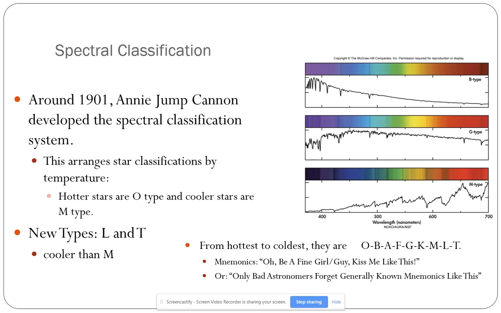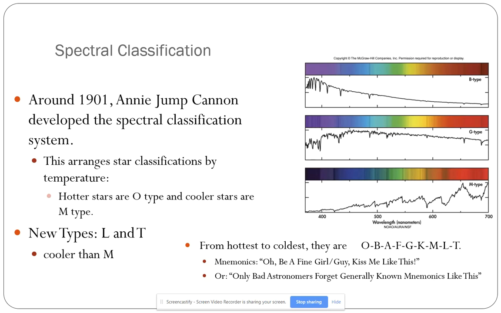And so she came up with this system, and I don't remember what any of these letters stand for: O, B, A, F, G, K, M, and then later on L and T were added. So I have two mnemonics up there, one that I have perfectly memorized. Oh, be a fine gal, or guy, kiss me, and then with the added LT, like this. That's kind of easy to remember.